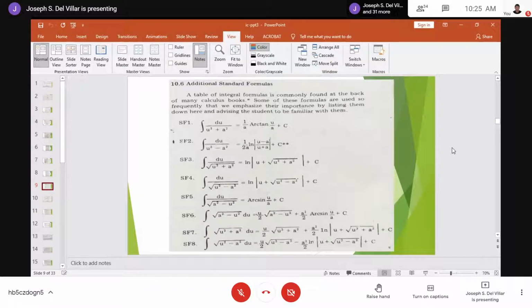Okay, so ilan tong formula? There are still 8, no? So there are 8 more formulas. Actually, pinaka-shortcut na to kasi all you need to do is simply apply the formula, no?